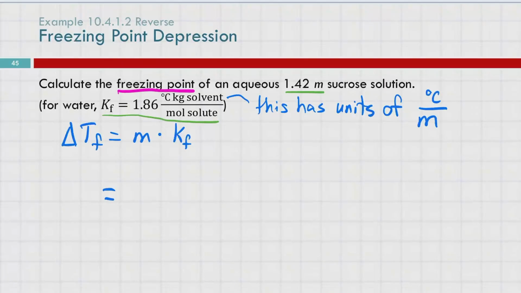So all we do is plug in. We take 1.42 molal, multiply it by 1.86 degrees Celsius per molal. The moles disappear.